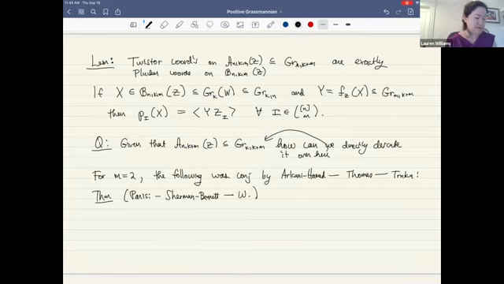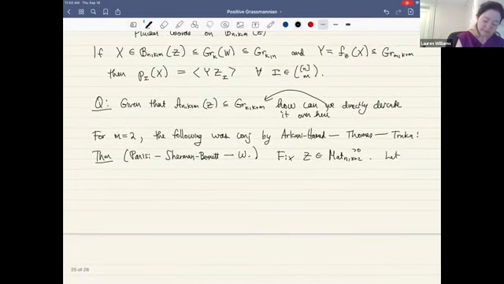Let's fix Z. This is our input data as always. m is 2 here, so this is an n by k+2 matrix.